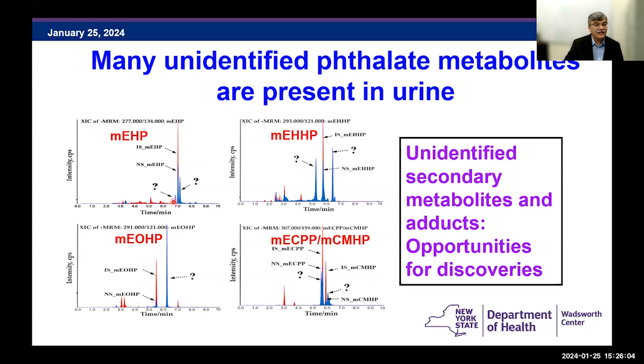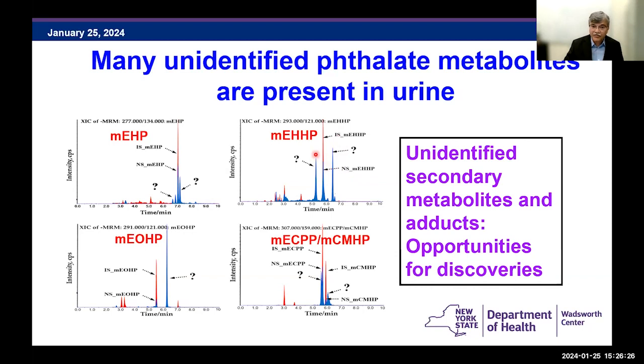But you can see there are so many uncharacterized, unidentified peaks. We expect that they are phthalate metabolites, isomers, but we are not measuring them. Why? Because we are busy, we are preoccupied. We don't have time. I wish, these are the things the PhD students can go after.